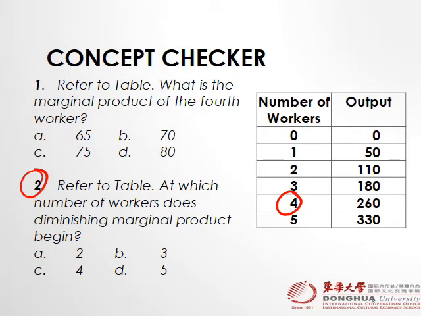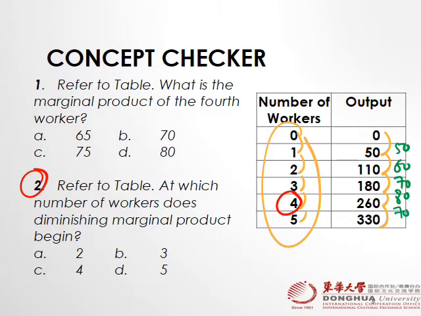Refer to the table. At which number of workers does diminishing marginal product begin? Just find out the difference here. Here the difference is 1, so we just overlook this one. Here it is 50, and here is 60, here is 70, and from 70 to here it is 80, and from 80 to here it is again 70.